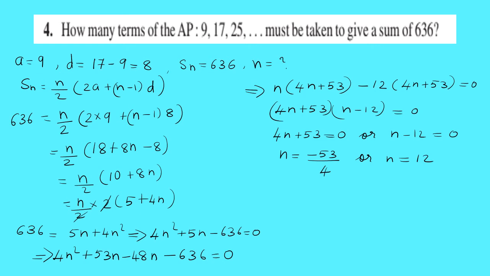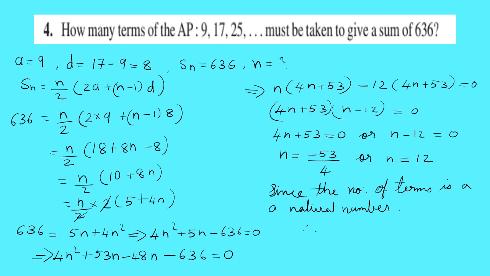Now here you are finding n as the number of terms. The number of terms is a natural number, not a fractional one. So you are taking n equal to 12. So you have to write the reason, since the number of terms is a natural number, or you can say a whole number, a natural number.